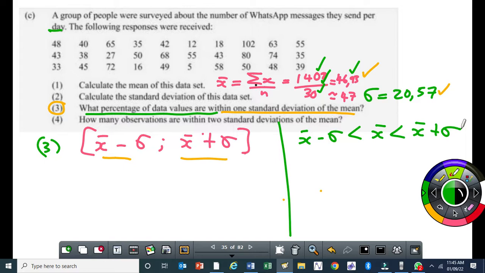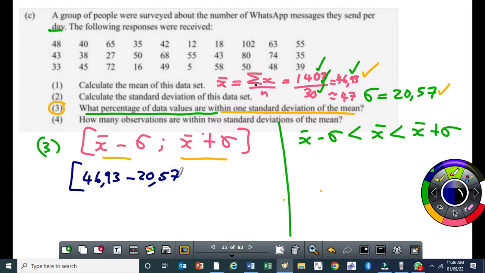Now, to get the answer, first we need to know our mean x bar, which we got, and our standard deviation. So let me determine that interval. It will be 46.93 minus 20.57.